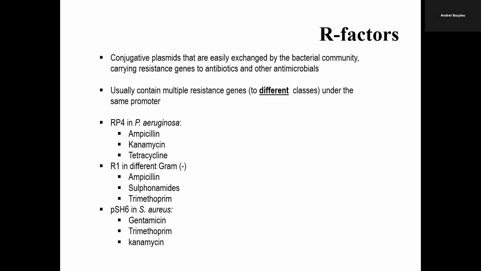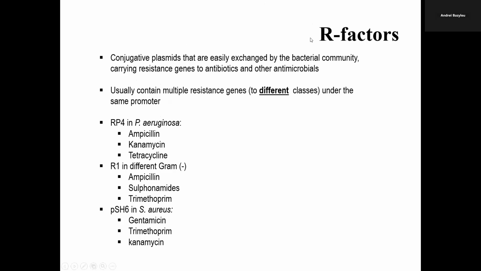For plasmids, just remember, conjugative plasmids are especially nasty in this regard, because they are the ones that are capable of replicating themselves and moving themselves from one cell to another. So that's one of the main mechanisms of genetic exchange of the antibiotic resistance genes between bacteria.